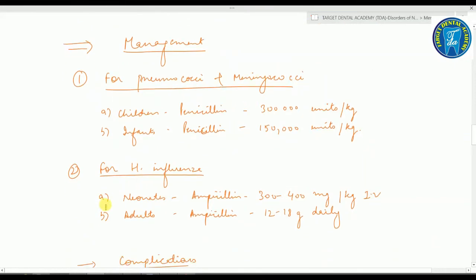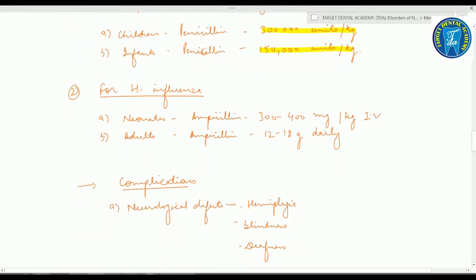So first, for the pneumococci or the meningococci, in the children you can give penicillin 3 lakh units per kg, and in the infants you can give penicillin 1,50,000 units per kg. Fine. Coming on to the treatment for H. influenzae.